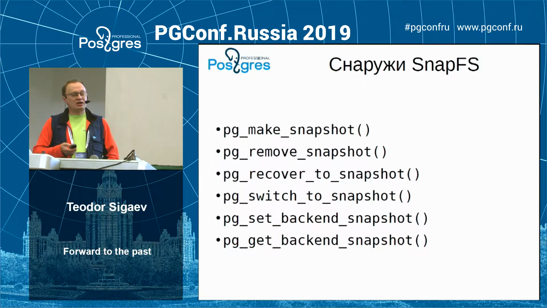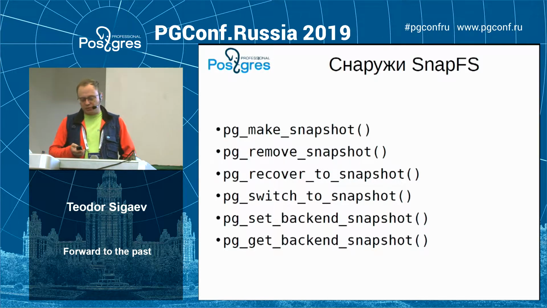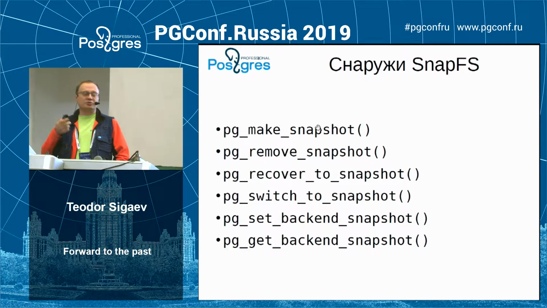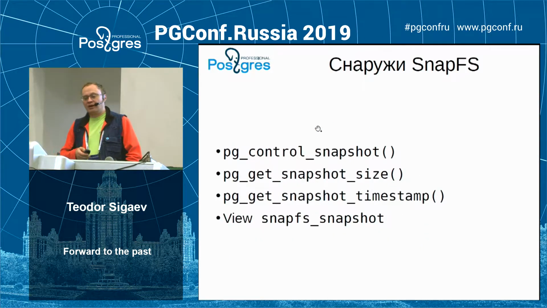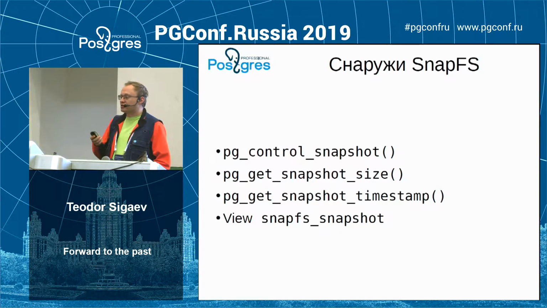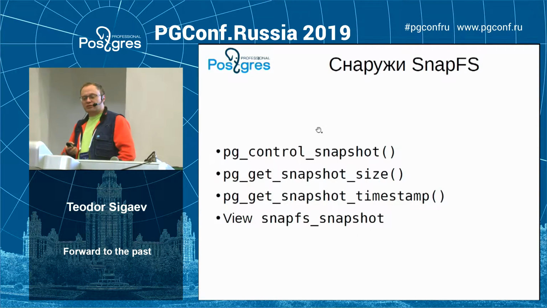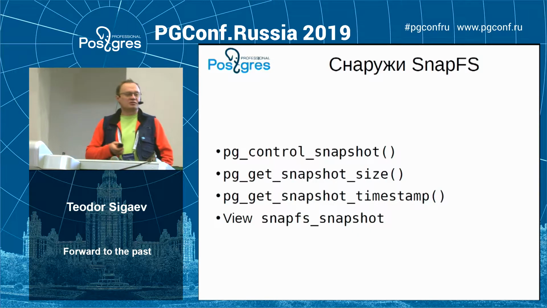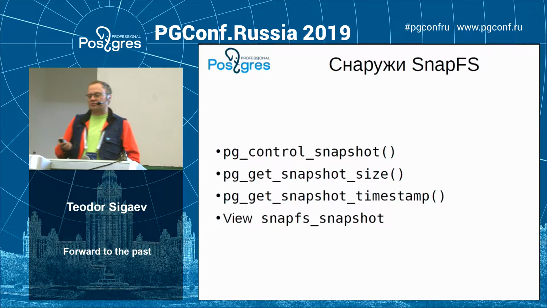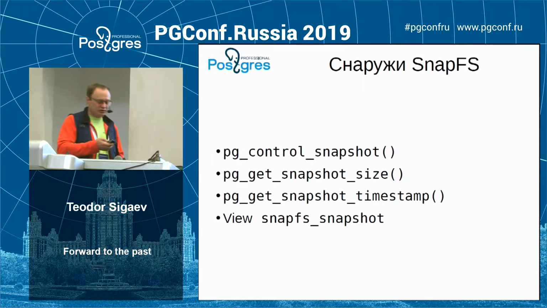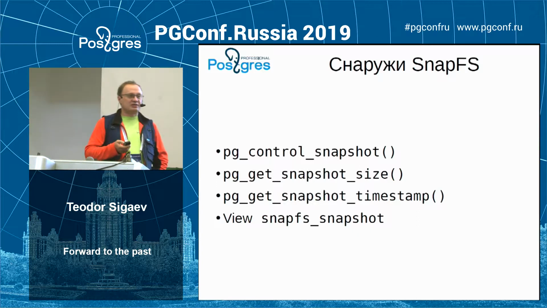But recover will be with ID 0 because after recover you will go to another head. And just a couple of features of SnapFS that allow you to see the size of snapshots, the timestamps, and so on and so forth.